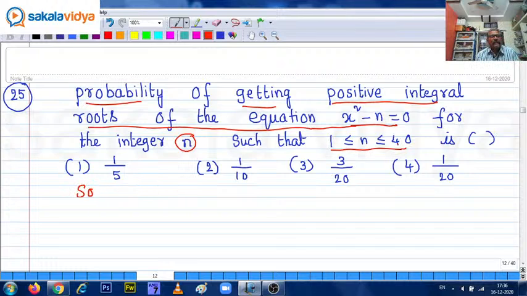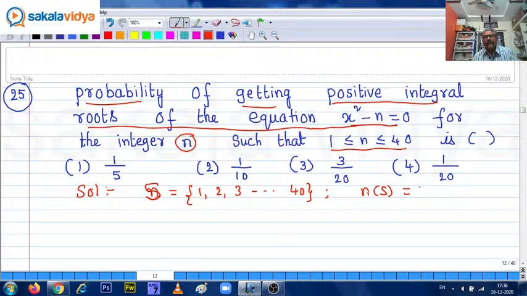First we need to write how many integers are there between 1 to 40. N takes values 1, 2, 3 and so on up to 40. That is the sample space. Yes, n of S is equal to 40 for this random experiment.